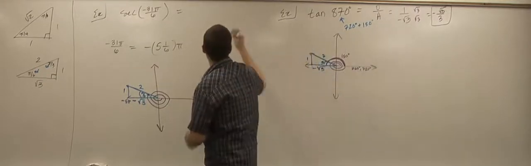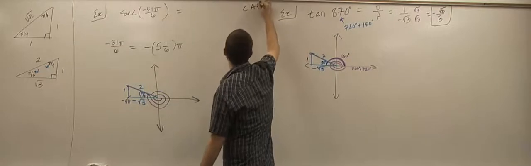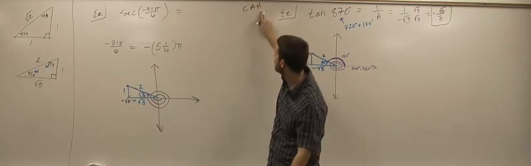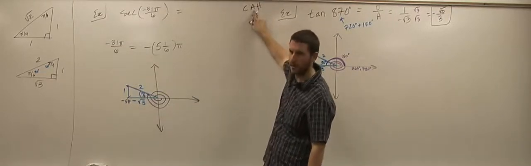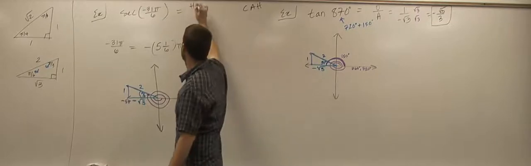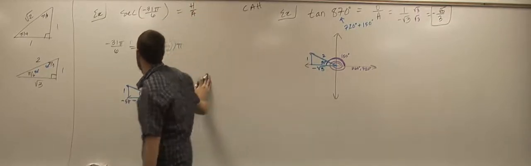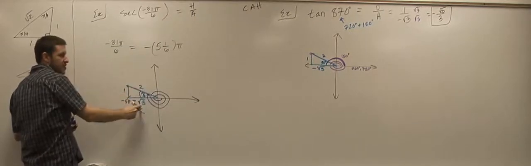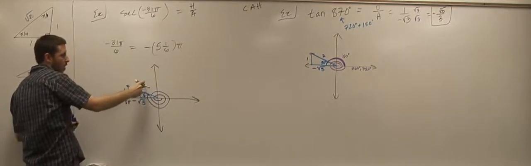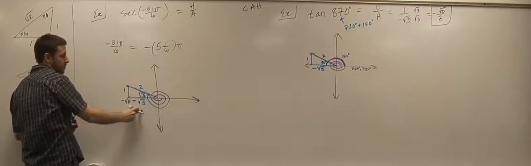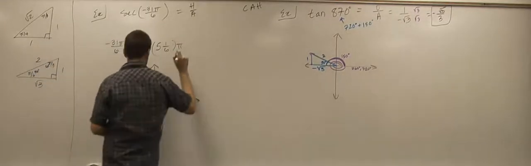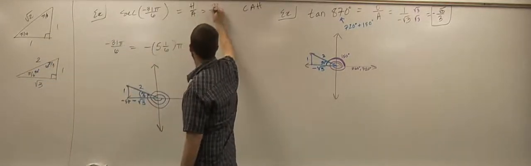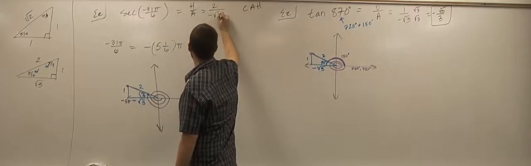Cosine is adjacent over hypotenuse, which means secant should be the other way, hypotenuse over adjacent. So on my picture here, I'm going to take the hypotenuse and divide it by the adjacent, or r over x. So I'll take 2 and divide it by negative root 3.